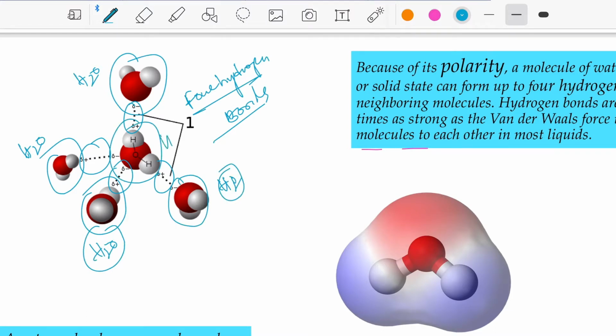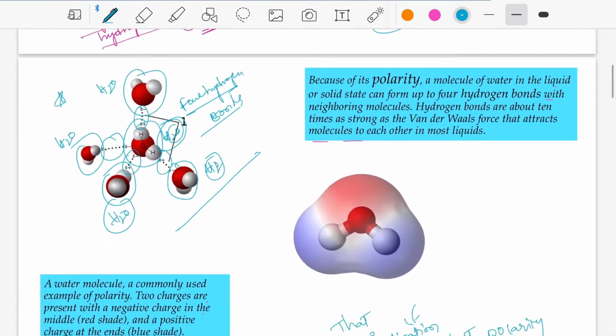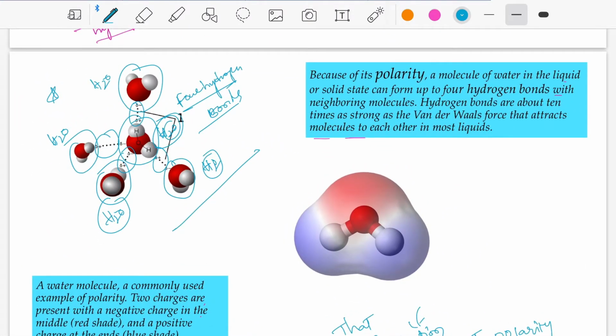Why are they formed? Usually we take a glass of water. In the glass of water, the water consists of millions of water molecules. They are all attached with some force. Those forces are nothing but the hydrogen bonds. Due to these lone pairs of electrons, due to this polarity, 4 hydrogen bonds with the neighboring molecules are formed.